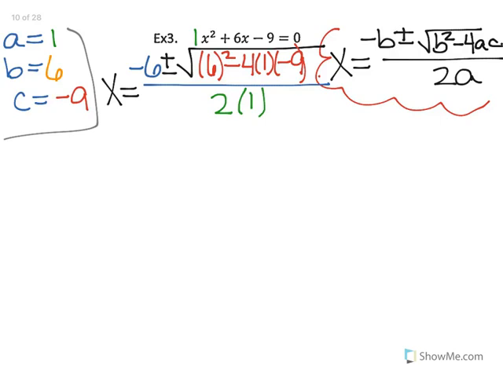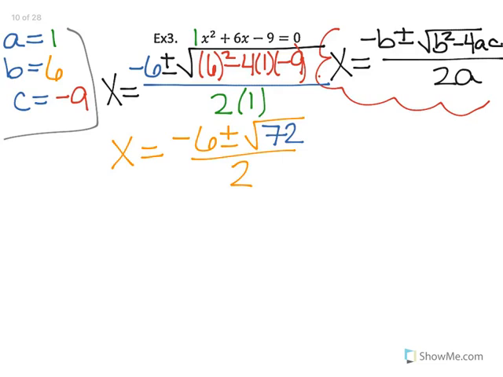After we plug things into the formula, we are then going to have everything written down except for the number inside of the radical. So that in the next step, I would type into my calculator, parentheses, 6 squared, minus 4 times 1 times negative 9, and I should get the number 72.